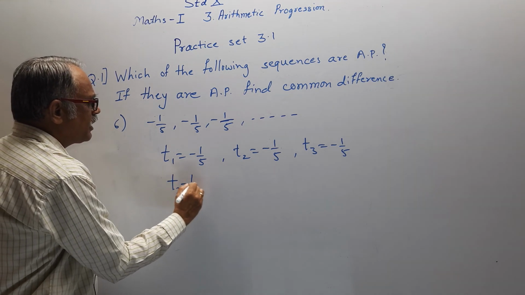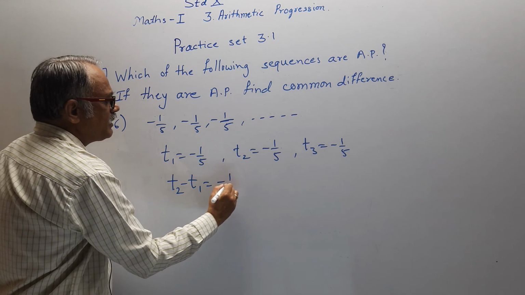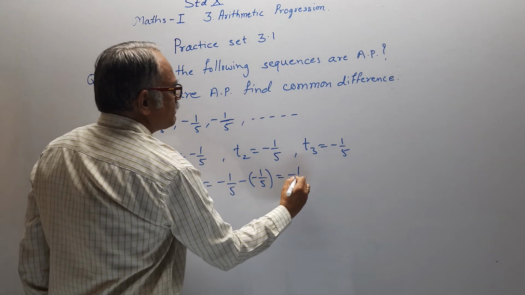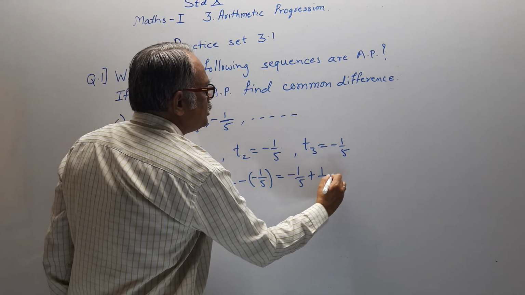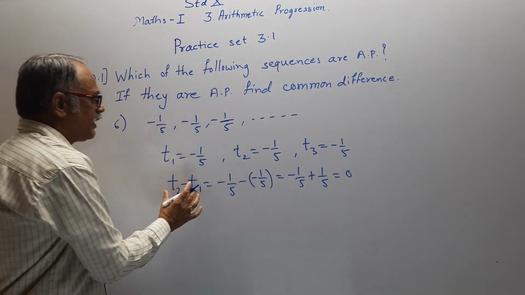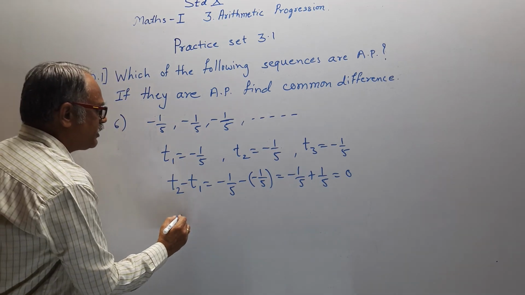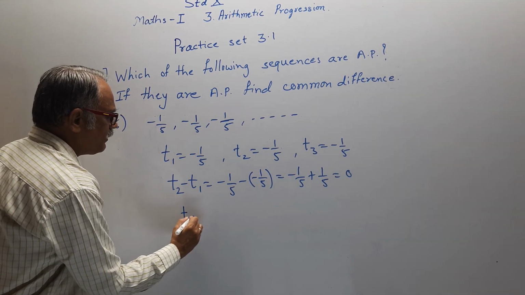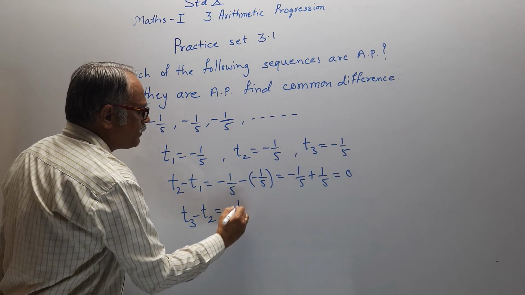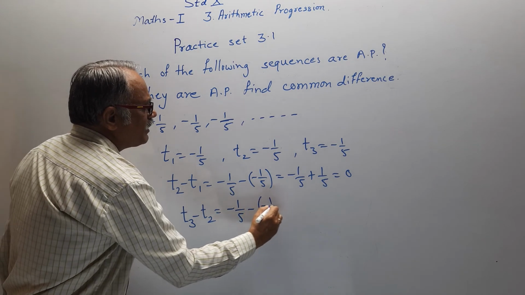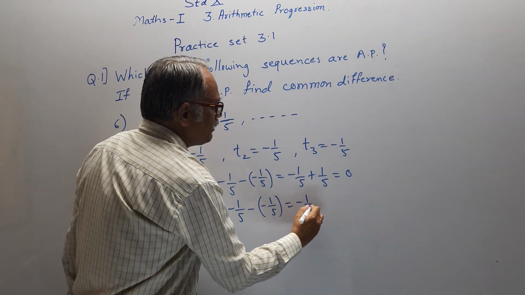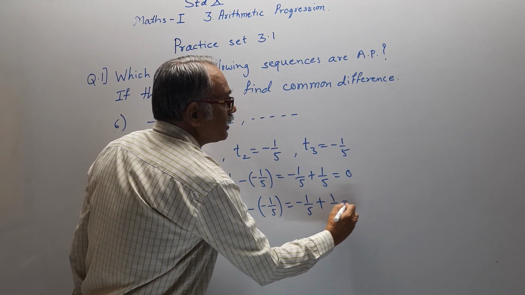T2 minus T1: minus 1 by 5 minus of minus 1 by 5, that is minus 1 by 5 plus 1 by 5, 0. As I said, sometimes the common difference may come 0. In the first case, the difference comes 0. In the second case, we have to check. If it comes the same, then we write it is AP. Again the same numbers, so the difference is 0 automatically. When the same terms are repeated, it is also AP with common difference 0. Remember this.